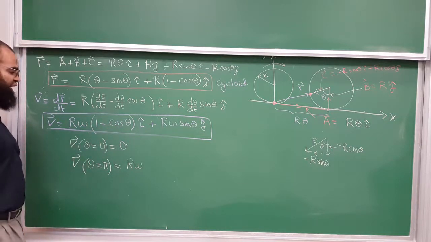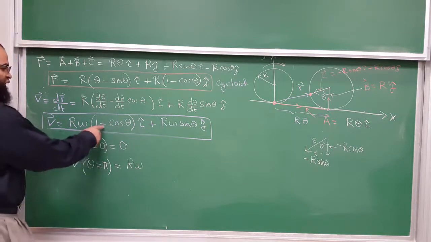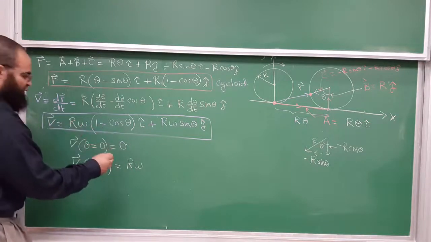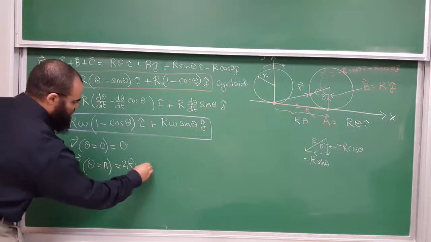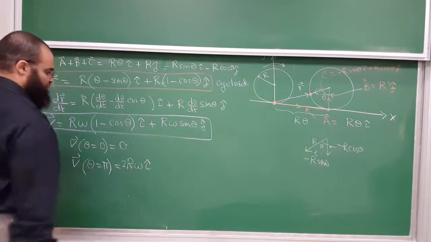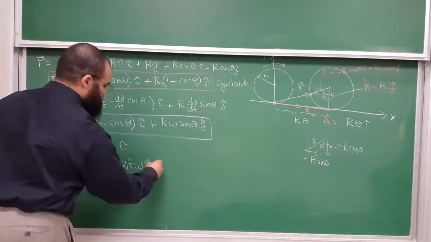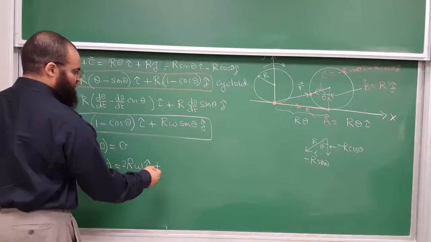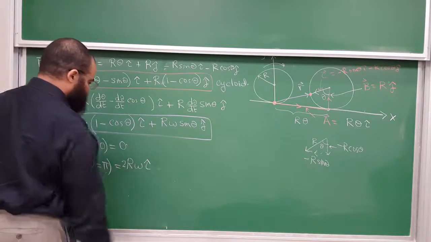Cosine of 180 is negative 1. And you have a minus sign, it becomes plus 1. And 1 plus 1 is 2, so you get 2 r omega i hat. Okay? And then plus, sine of pi is 0. So that part is 0.